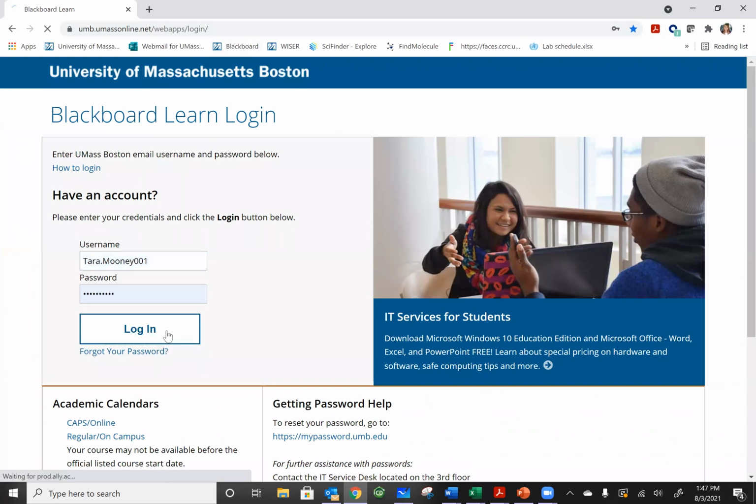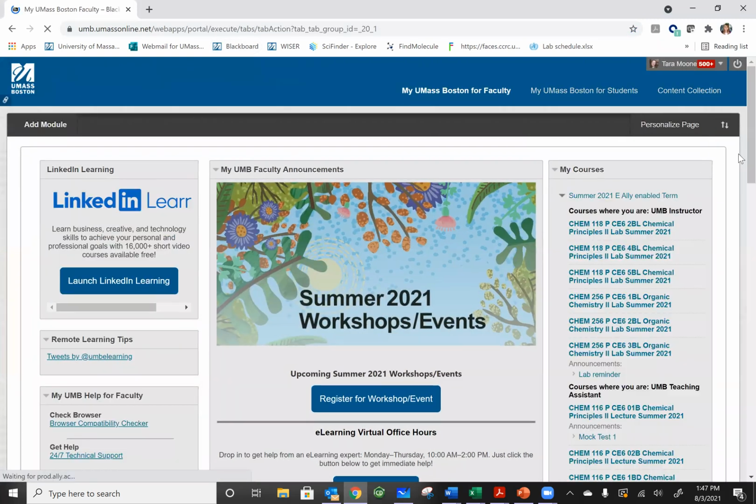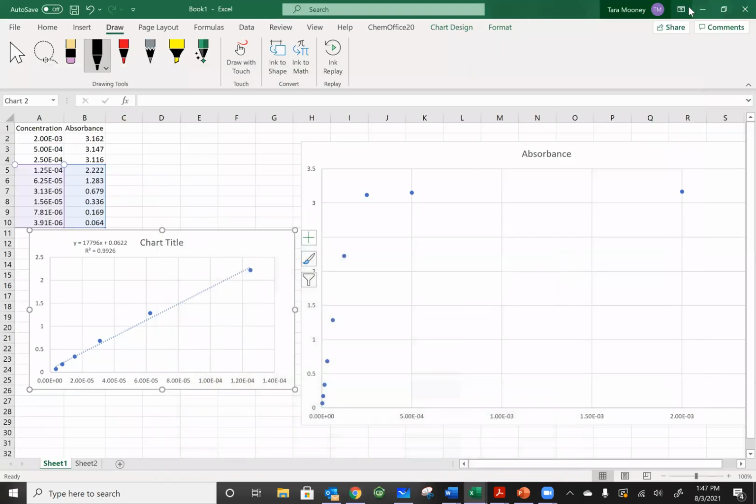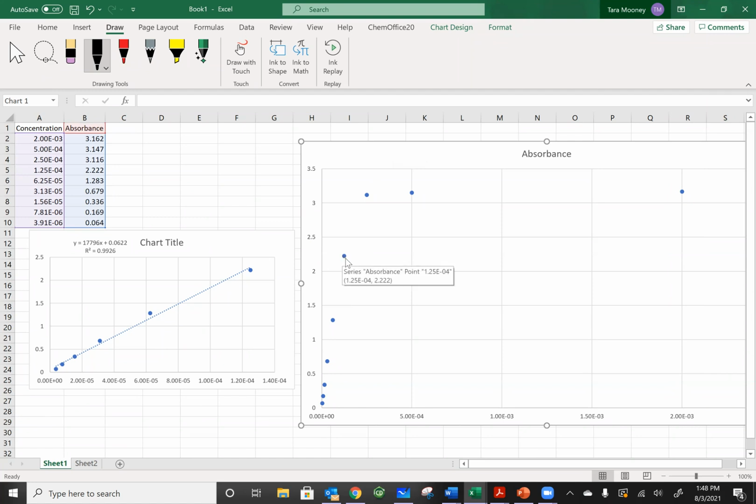For the upper limit of quantification, how did you find that again? Based on our plot of all the absorbance data, the linear portion only goes up to this data point here. After that, all the other data points are no longer linear.